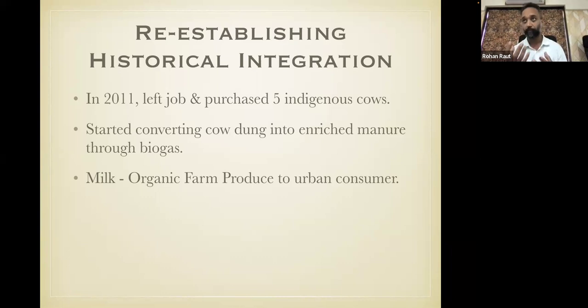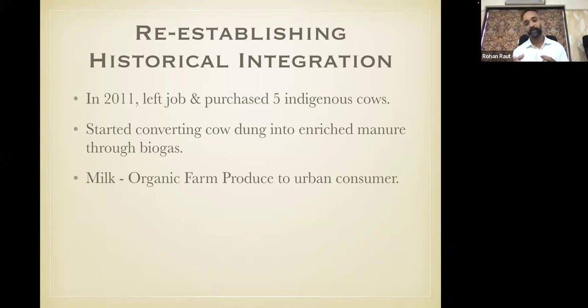The purpose of purchasing indigenous cows was that they have a very good diversity of bacteria compared to Jersey and HF. The second reason is that, being indigenous, they have fewer health issues. My integrated farming model started way back in June 2012.